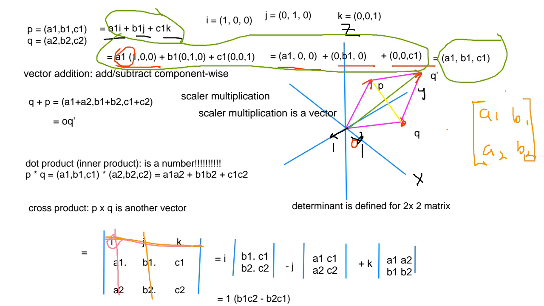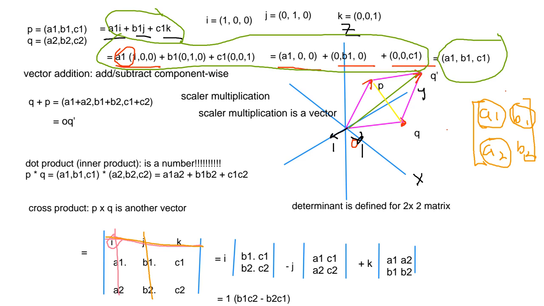A real number has 1 row. So a number is a 1 by 1 matrix. And this is a 2 by 2 matrix. The 1,1 position, first row, first column, is A1. The 1,2 position, first row, second column, is B1. The 2,1 position, second row, first column, is A2. The 2,2 position, second row, second column, is B2.